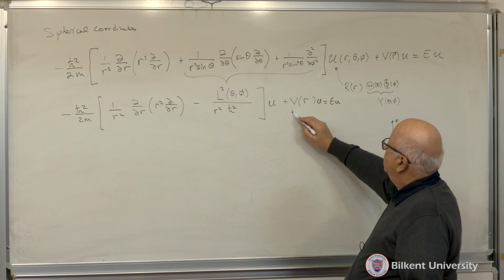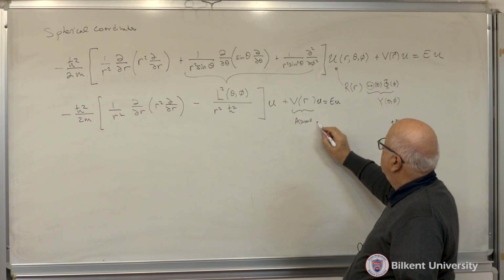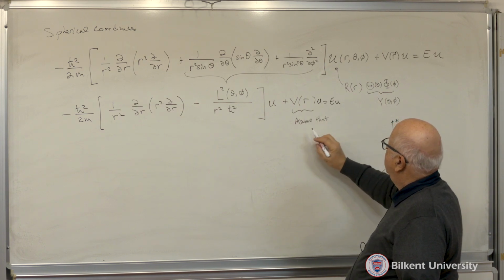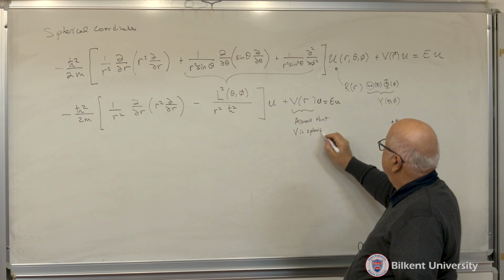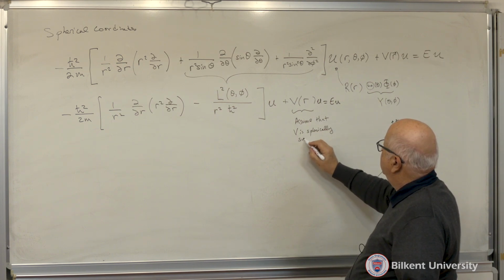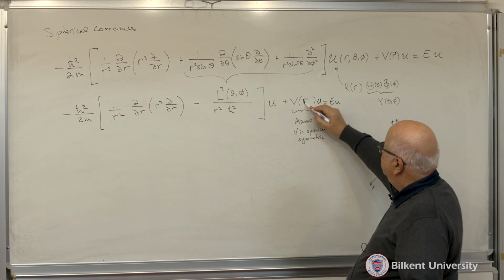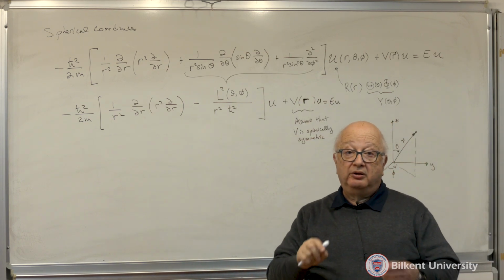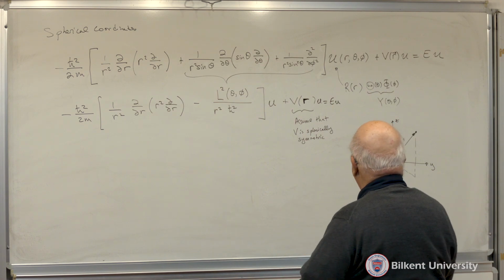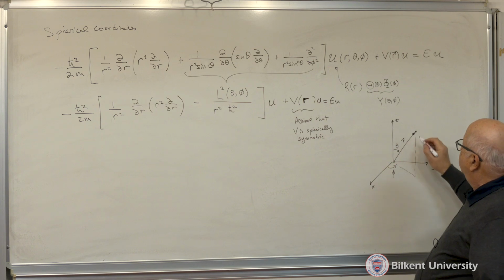What I'm doing here is assuming that V is spherically symmetric. What does that mean? The potential depends only on the distance from the origin. It doesn't depend on theta or phi. It depends only on the magnitude of r.